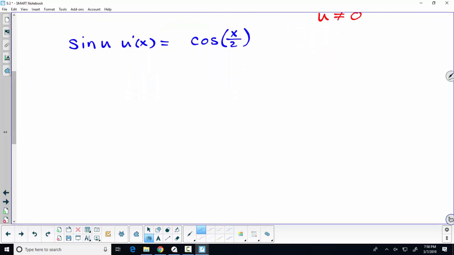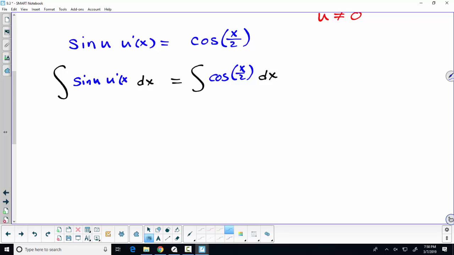And we're going to integrate both sides with respect to x. And remember again here, u prime is really du over dx.